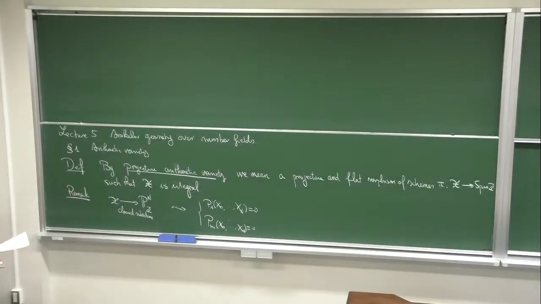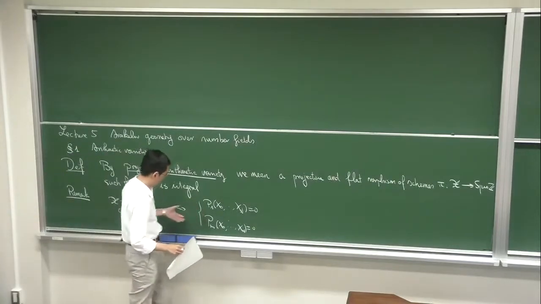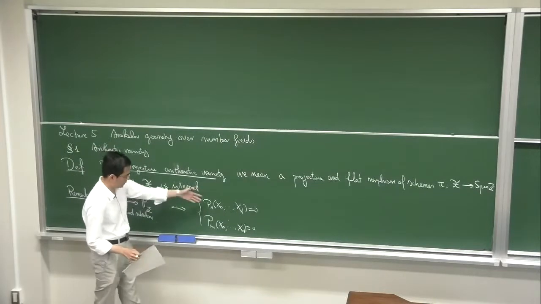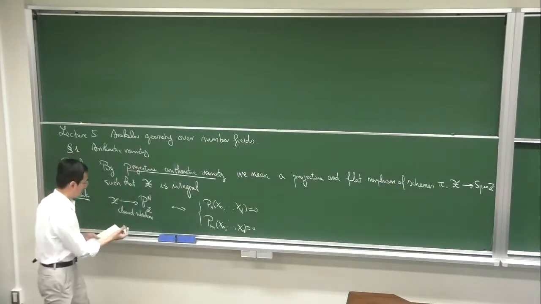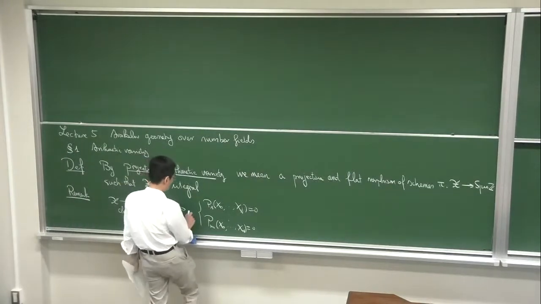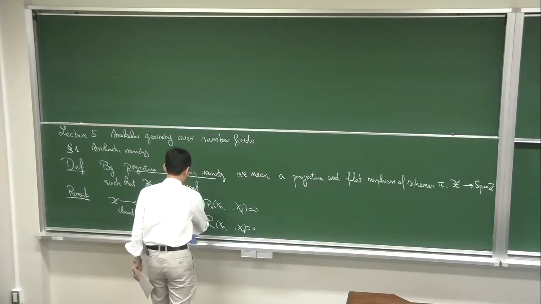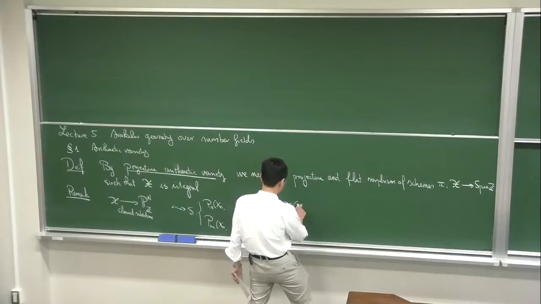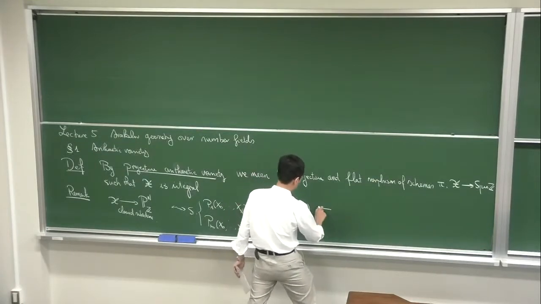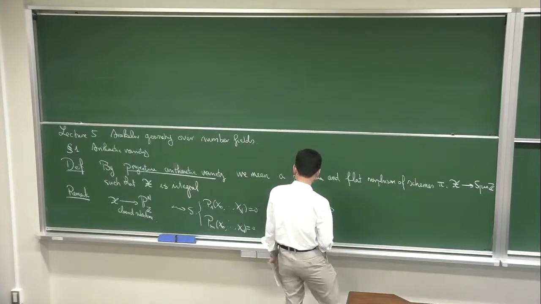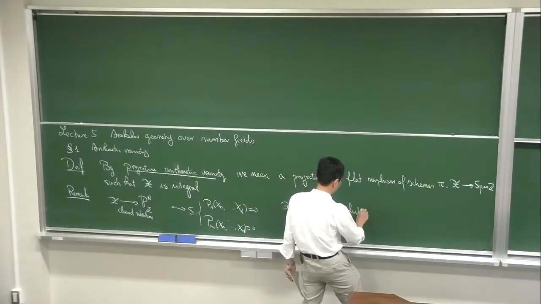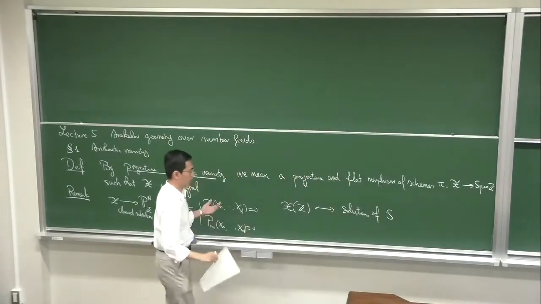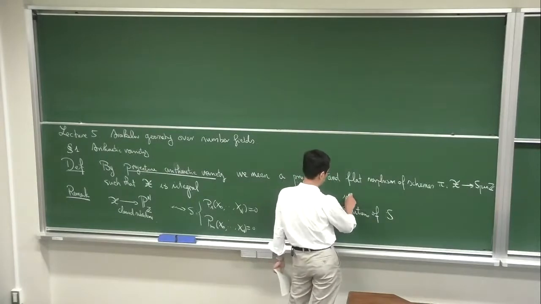These are homogeneous polynomials of certain degree, and you can consider your subscheme as the subscheme of P^n over Z defined by such equations. Then you have a correspondence: X(Z), the integral points of this variety, corresponds to integral solutions of this system.